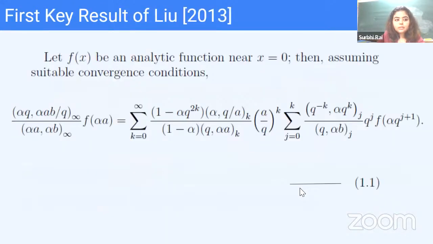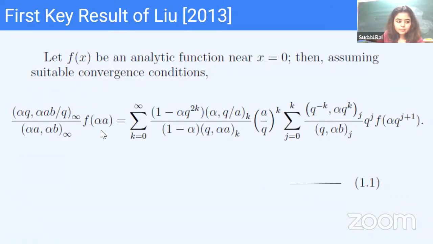Moving to the main results of Liu. Here is one of the main expansion formulas. Let f be an analytic function near x_0, then f can be expressed as shown in this expansion formula. This result clearly contains infinitely many q-identities, since we can select f in several ways. From this result itself, Liu has derived several other results by substituting special values for this function f.